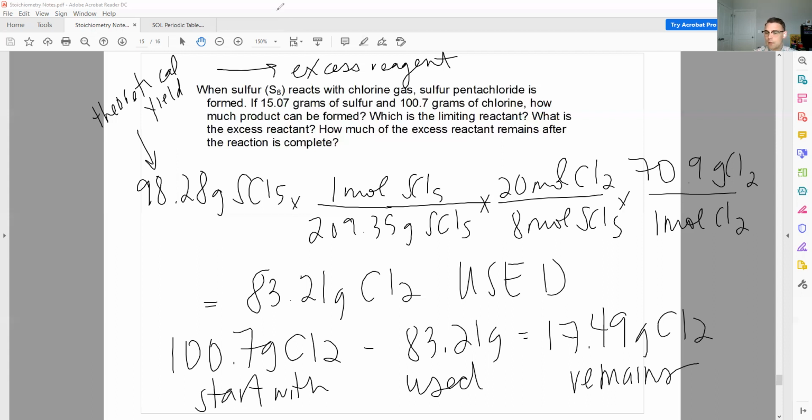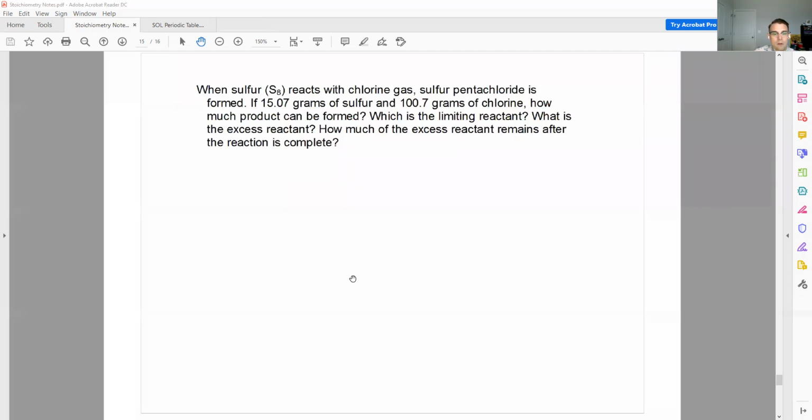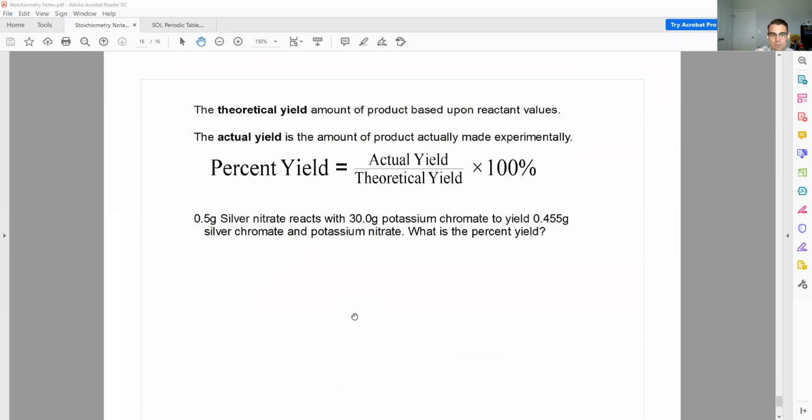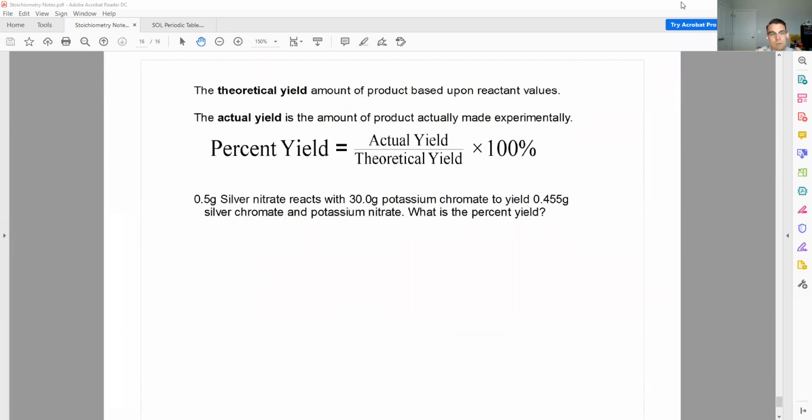Again, this is nothing new here. We're just doing more, okay? Not new, just more. Okay, and then the last page. So the theoretical yield, again, the amount of product based on your reactant values, what you should in theory make.